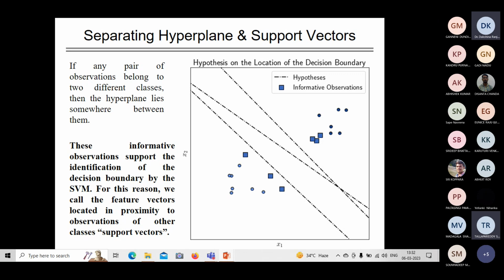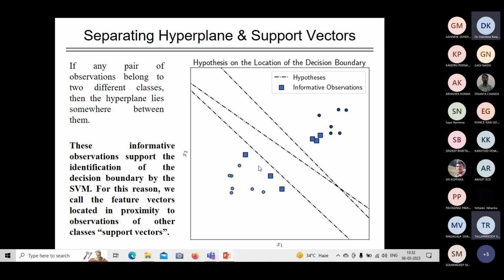So that would be decided by the informative observations. For this reason, we call these feature vectors located in the proximity to observations of other classes support vectors. Here you can see that there are three hypotheses, or three hyperplanes. Among these hyperplanes, we can get one such hyperplane, but before that we need to define the decision boundary.